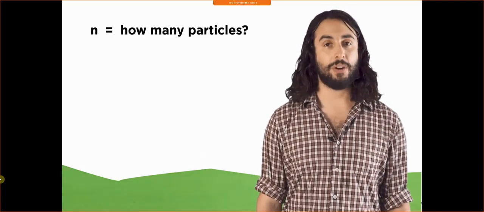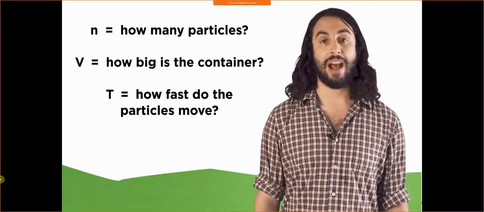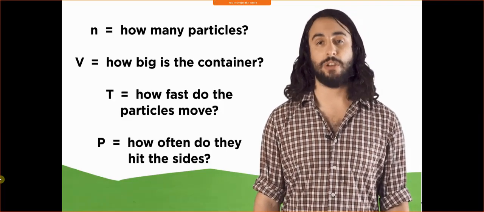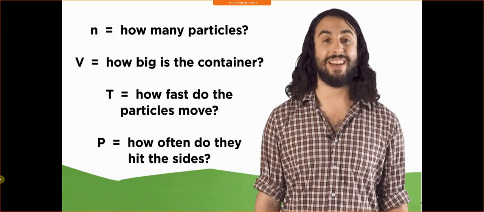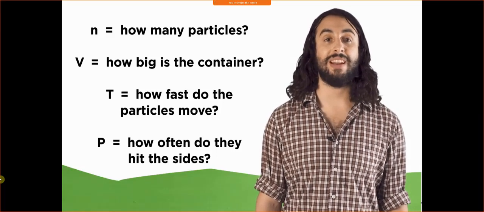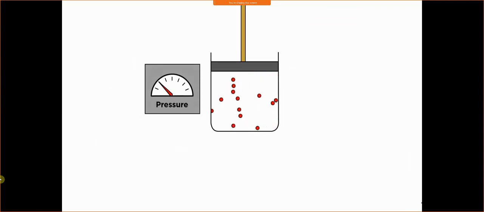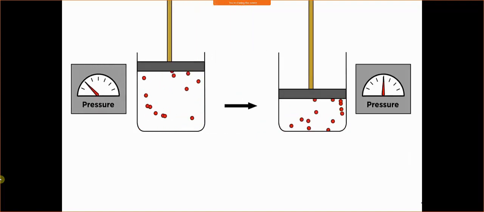So, how many particles, how big is the container, how fast are the particles moving, and how often do they hit the sides? As it turns out, these variables depend on one another in interesting ways that have been formulated into laws. Let's look at a piston. While keeping the moles and temperature the same, in other words, the same number of particles moving at the same speed, if we compress the volume, the pressure must go up.